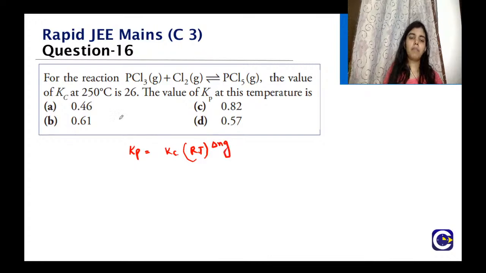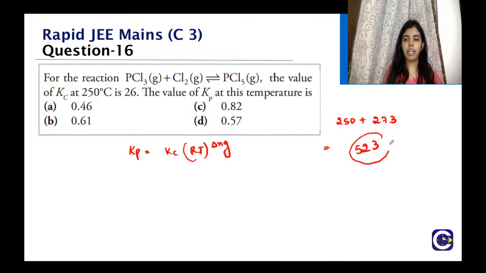Now do not use the temperature as 250 degrees Celsius, rather convert it into Kelvin, that is 250 plus 273, which comes out to be 523 Kelvin, right. So the temperature is 523 Kelvin. Now delta Ng is 1 minus 2, which is equal to minus 1 here, right.